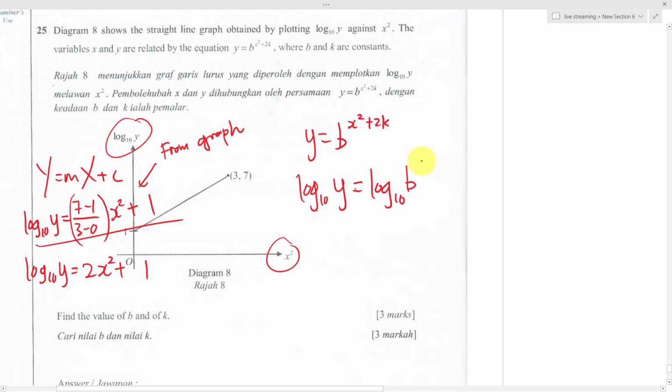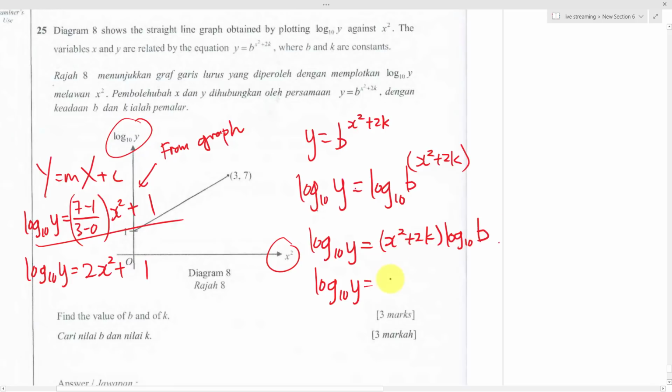Then the log rule tells me that the power I can move to the front, so it's x squared plus 2k multiplied by log 10 b. I want to arrange it in this pattern, so my log 10 b multiplies x squared, becoming log 10 b x squared plus 2k multiplied by log 10 b.